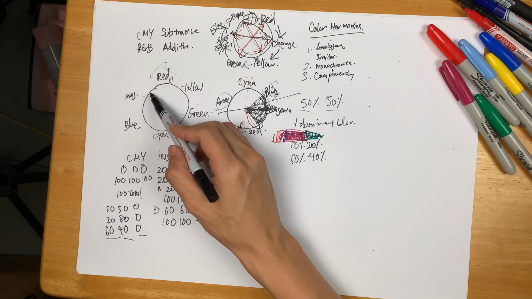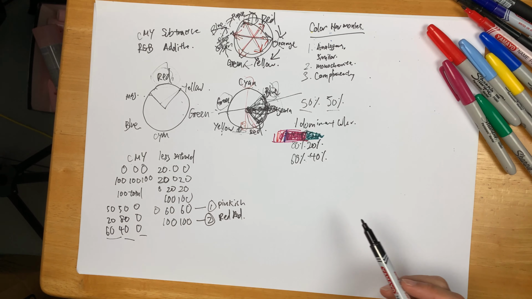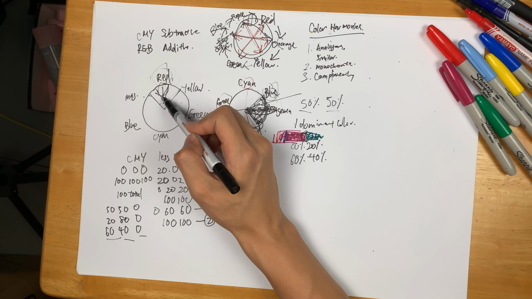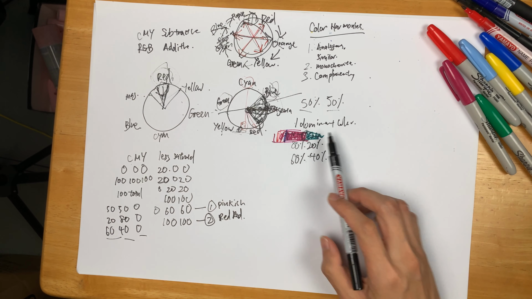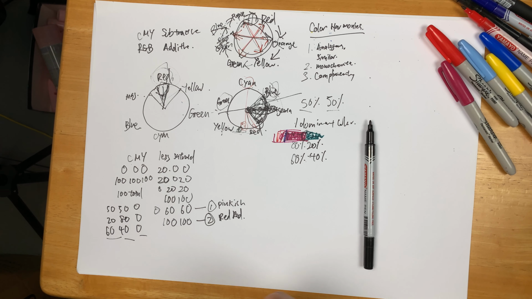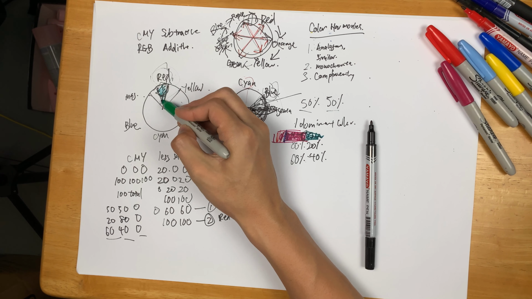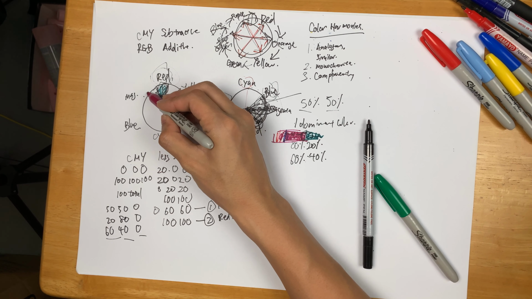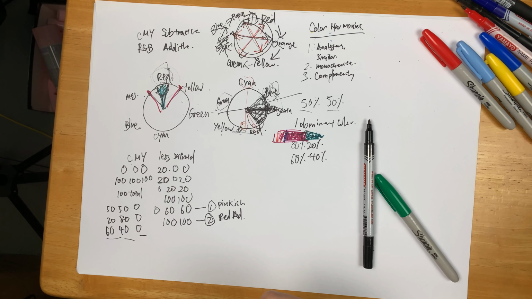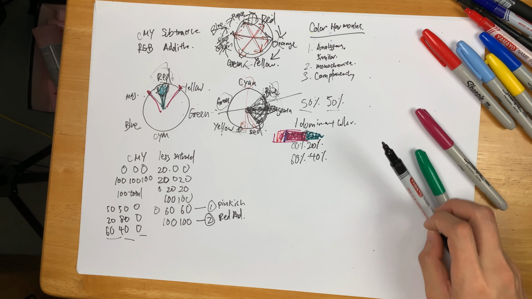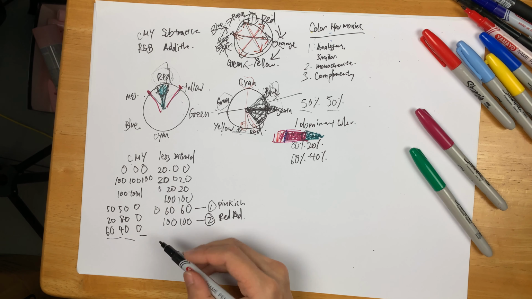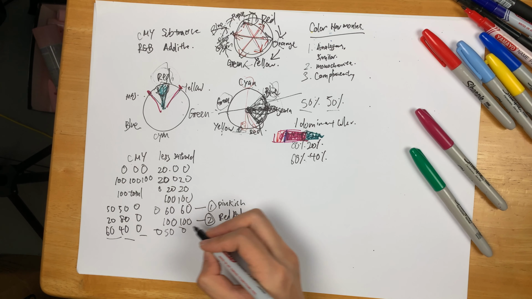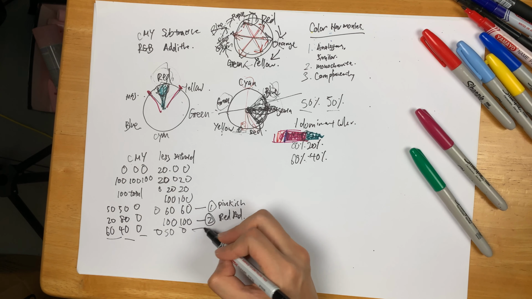So you can go for the analogous color scheme. So red being your dominant color here, and then how does this work? Red being your dominant color, and then you can take a bit of magenta here, take a bit of yellow here. So what would that look like is, let's say you want to take some magenta, you can do 50 magenta, 0 on the rest.